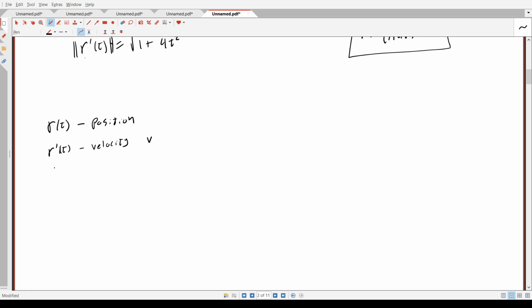So that means that the norm of r prime, that's going to be the speed, right? It's not a vector, it's just the speed. And then r double prime, that's the acceleration, which we'll also call a.